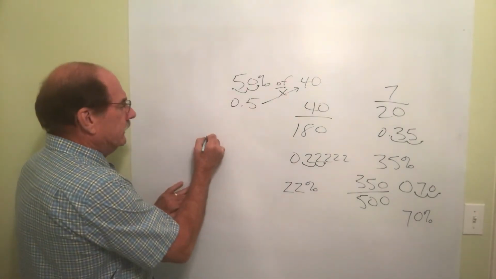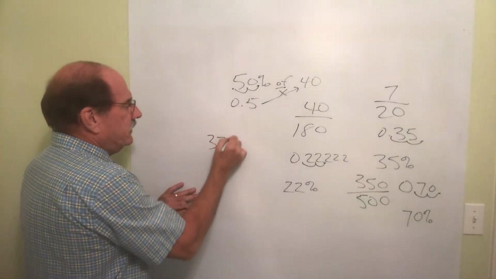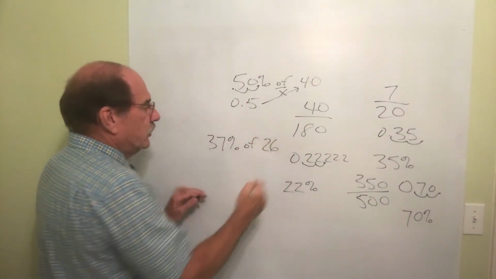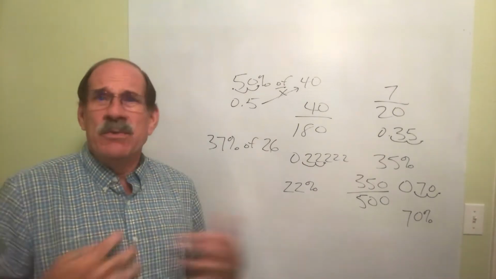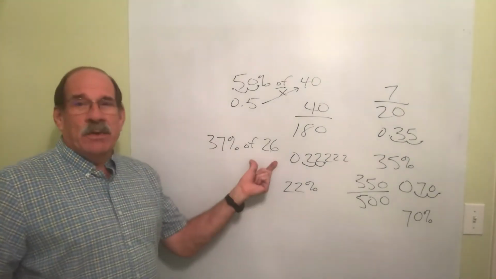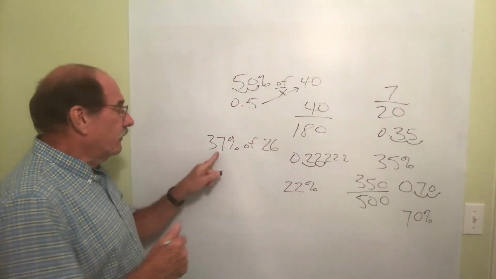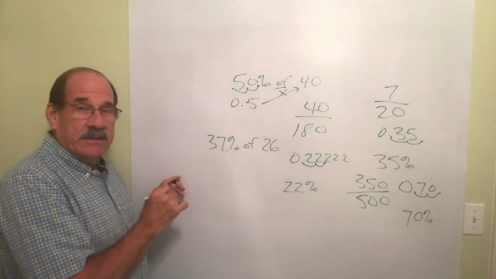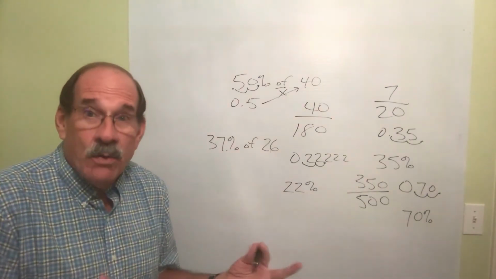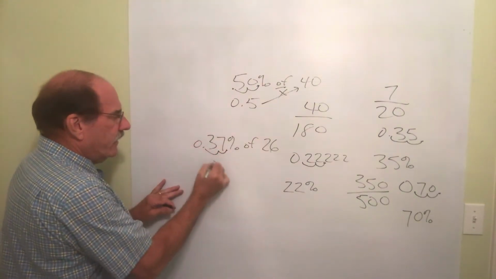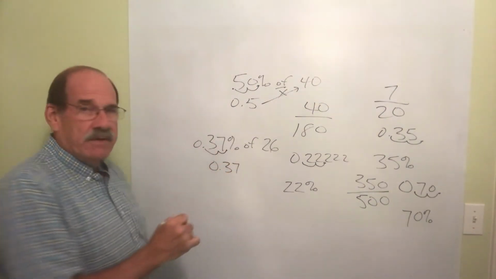What is 37% of 26? I don't know. Let's do it though. 37% of 26 is, well, convert this first into a decimal number. The dot is right there, although we don't write it there, you know it is there. Move it back and call that 0.37.